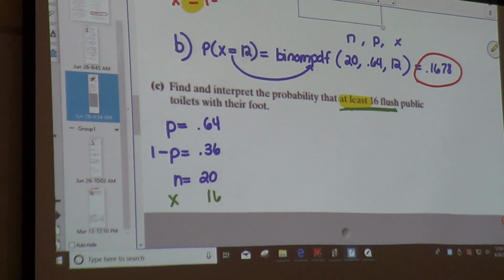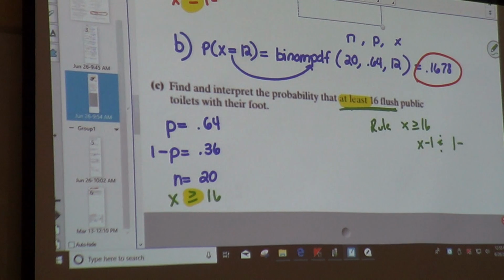That means you could have more than $16 or exactly $16. So we've got to think about our rule. What is the greater than or equal to 16 rule? X minus 1, and 1 minus CDF.